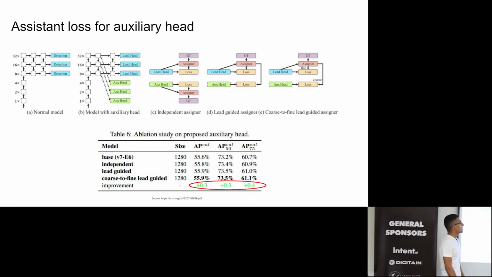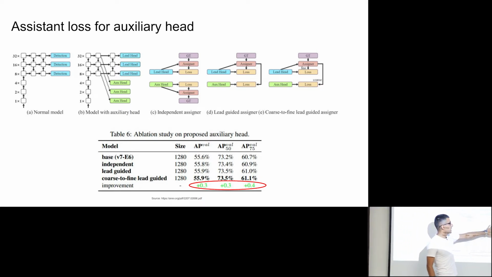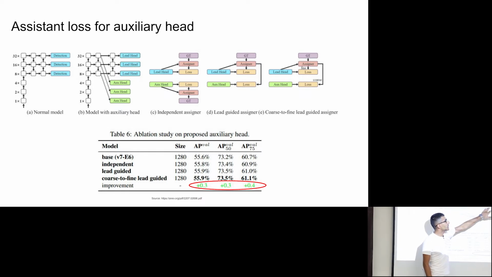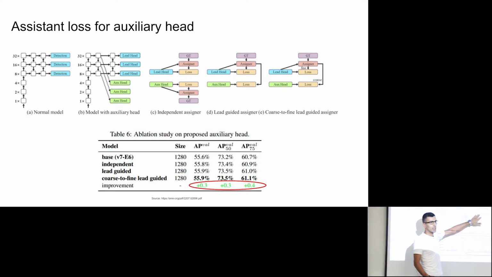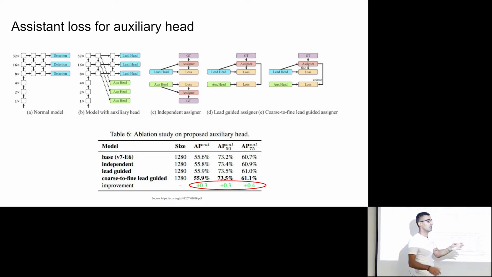Their contribution were these 2 methods. The lead guided assigner is the one where we use the prediction of the lead head to train the auxiliary head, basically. At the end, this auxiliary head makes predictions which are kind of not complete, and the lead head is responsible for completing these predictions. And this version is a bit different.